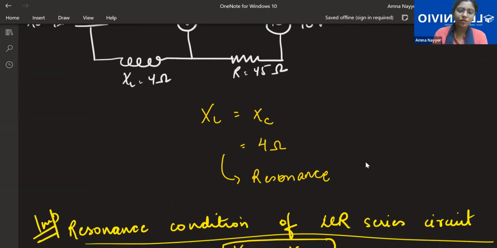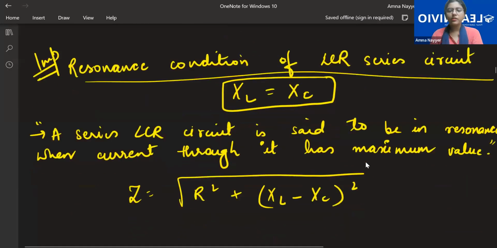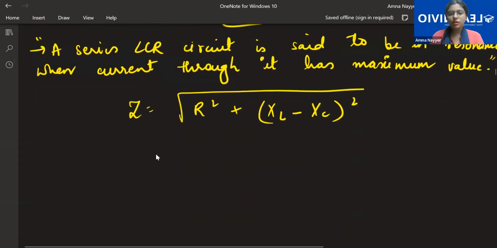That is our next topic, and it's a very, very important topic from your LCR circuit. Resonance often comes in the exam, to write about its conditions and to solve numericals also. So the resonance condition of series LCR circuit is XL equal to XC. Now when XL is equal to XC, in the next step I'll cancel them, both are equal.